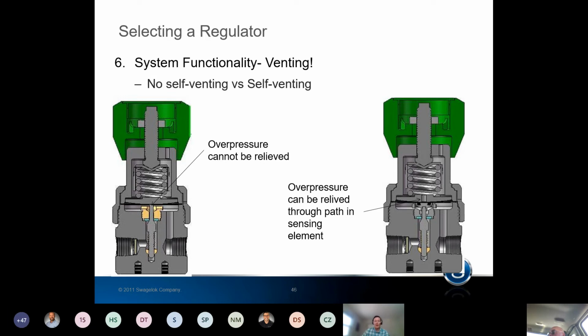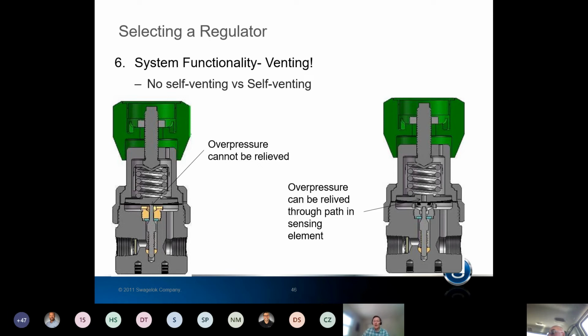Whereas the self-vent regulator has this small seal at the top of the poppet, which interacts with the diaphragm, and there's a hole in the middle of the diaphragm or sensing element, it could be a piston.